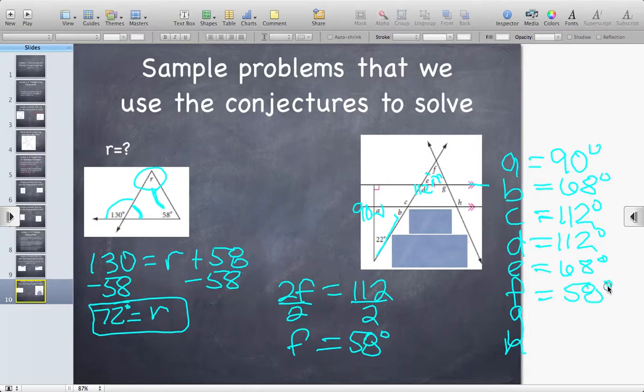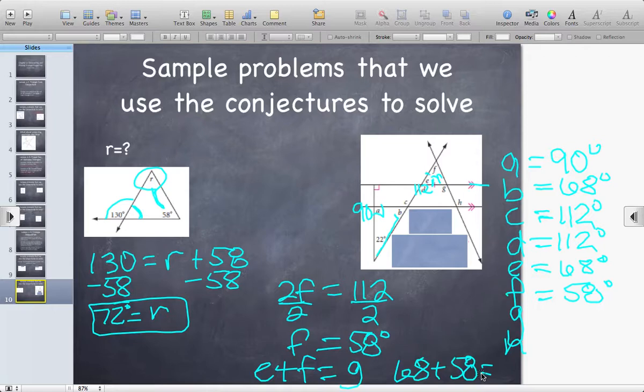All right, and then using our rule about exterior angles equaling the sum of the two remote interior angles, I can add E plus F together to give me G. And E was 68 degrees, F was 58 degrees. So when we add those together, actually I think I made a small mistake in here.